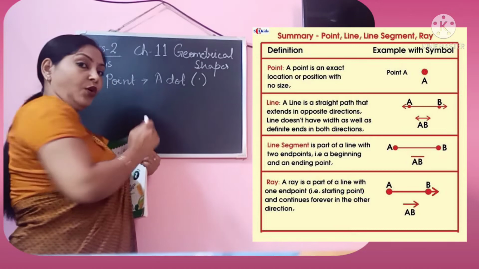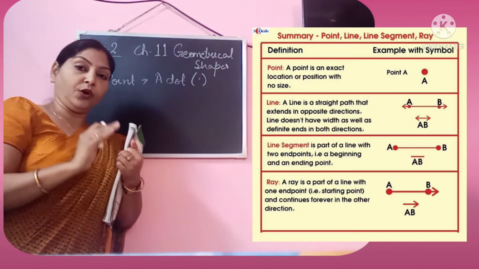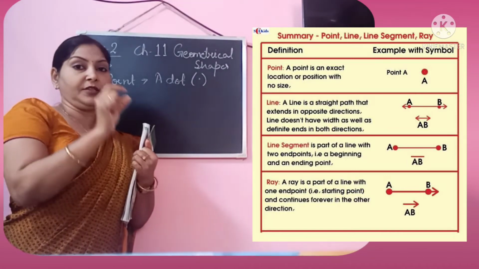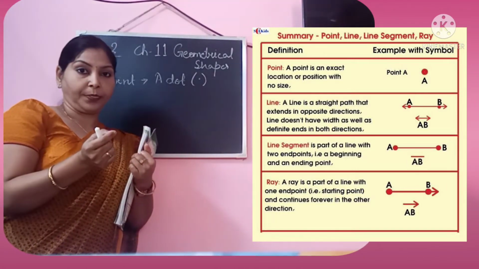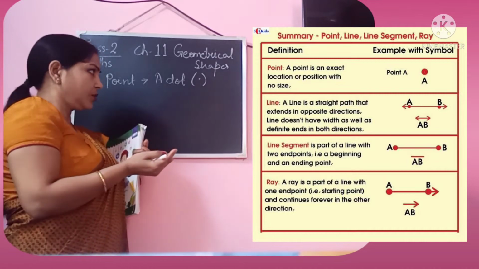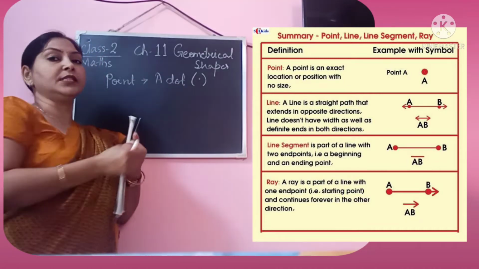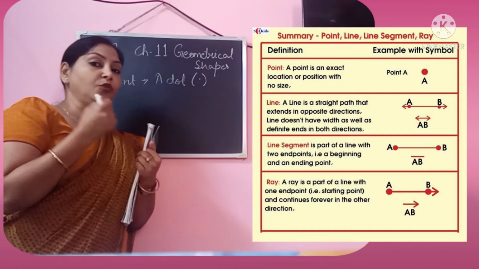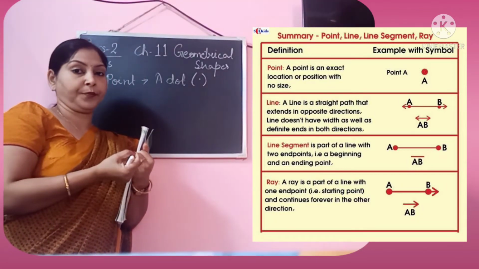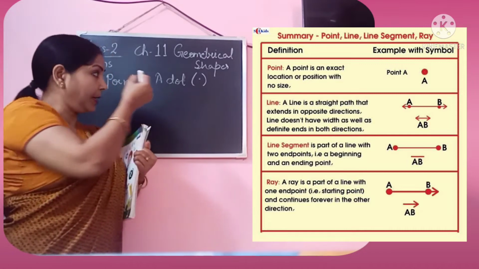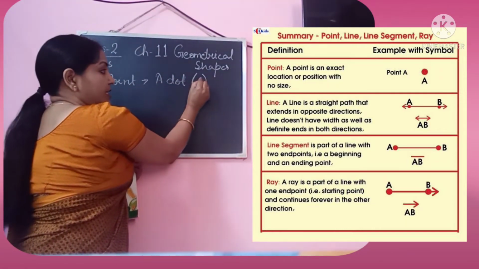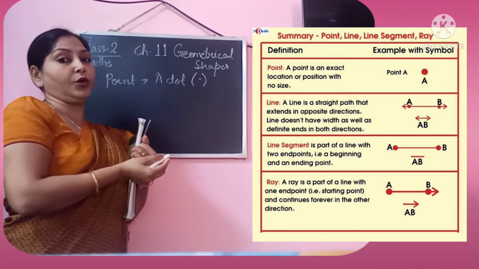So altogether we can say a dot does not have any definite length, breadth or height. That means it has no dimension. So a point is a dot which has no definite length, no breadth and no height.